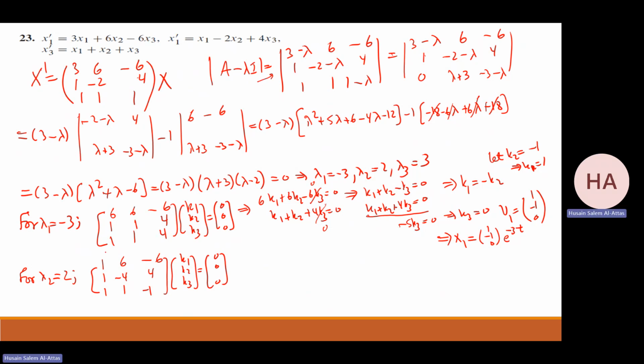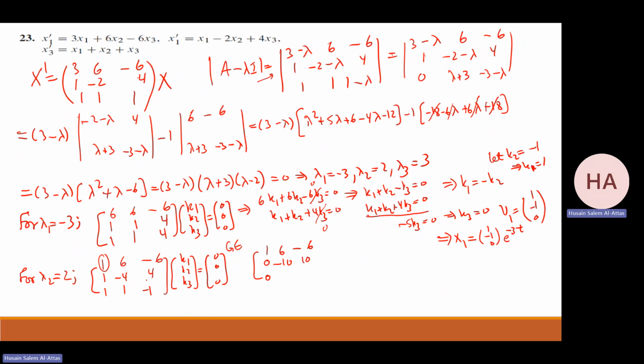Since this one is 1, I think we can do it by Gauss elimination. Let me do Gauss elimination. What do they have? 1, 6, minus 6. Multiply by minus 1 and add, that will be 0. By minus 1 and add, minus 10. By minus 1 and add, that will be 10. By minus 1 and that will be 0.